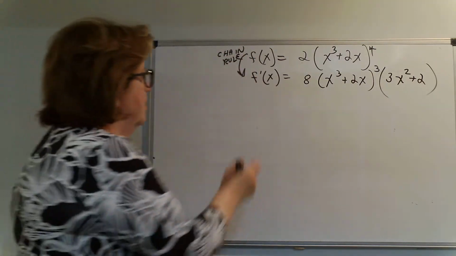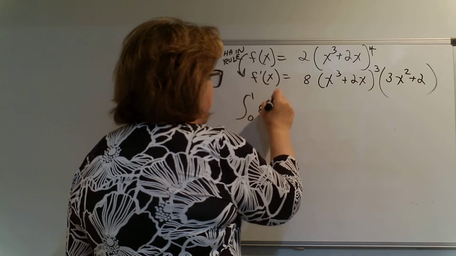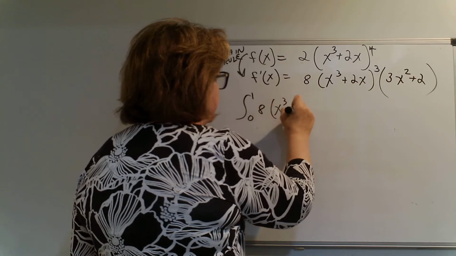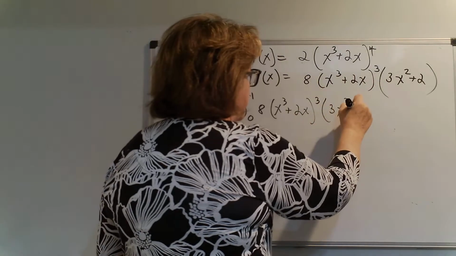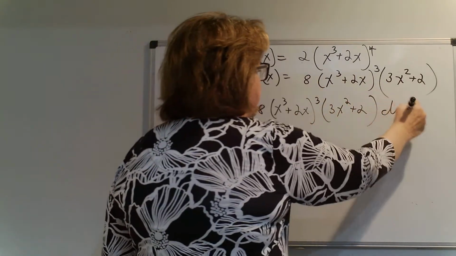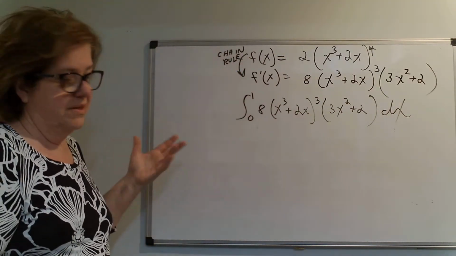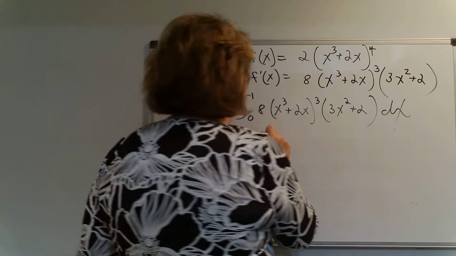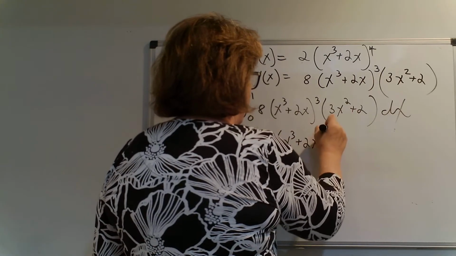Okay, so if we had a problem like this, what's the area from 0 to 1? Well, knowing what the antiderivative is, we just do this. 2 times x cubed plus 2x to the 4th.